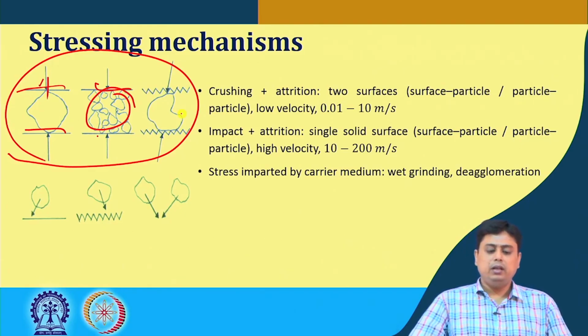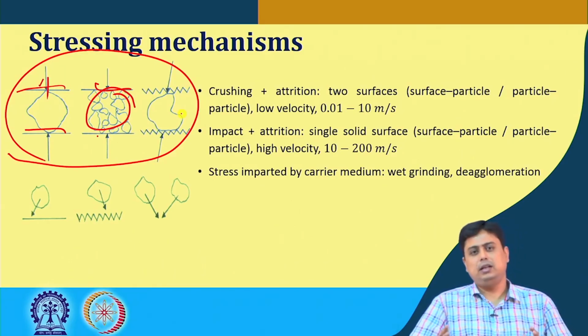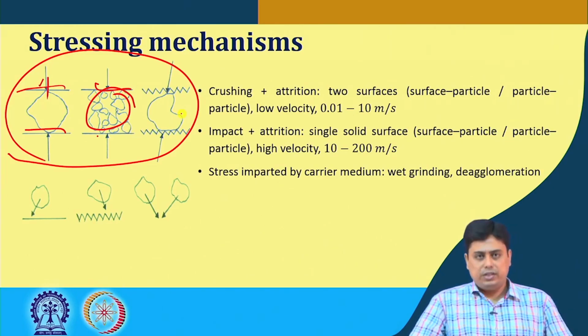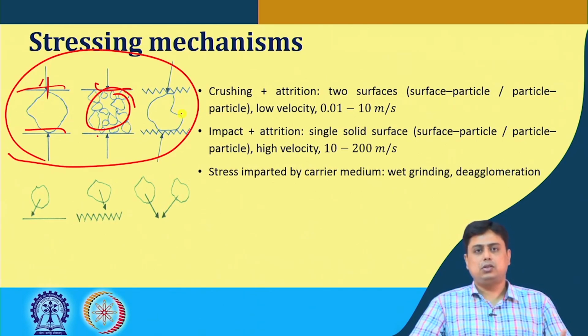The other can be the impact plus attrition. Attrition is typically there; in some cases, it is a less dominant mechanism. Typically, the dominant mechanisms are the crushing impact and the shearing actions. So, in impact plus attrition, what happens? A single solid surface is involved in that operation.